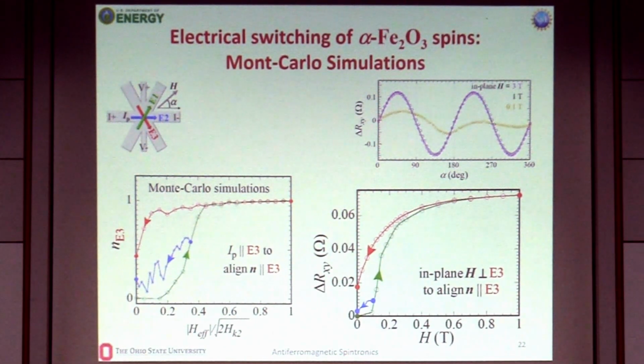So my question is, did you do this experiment with the aligning field along also the E1 and E2 axes? Because it looks like they are not equivalent. Maybe because of the microstructure, you're not making the three easy axes. E1 and E3 are the same in magnitude, opposite in sign, and E2 is different. I don't think my student did other directions.